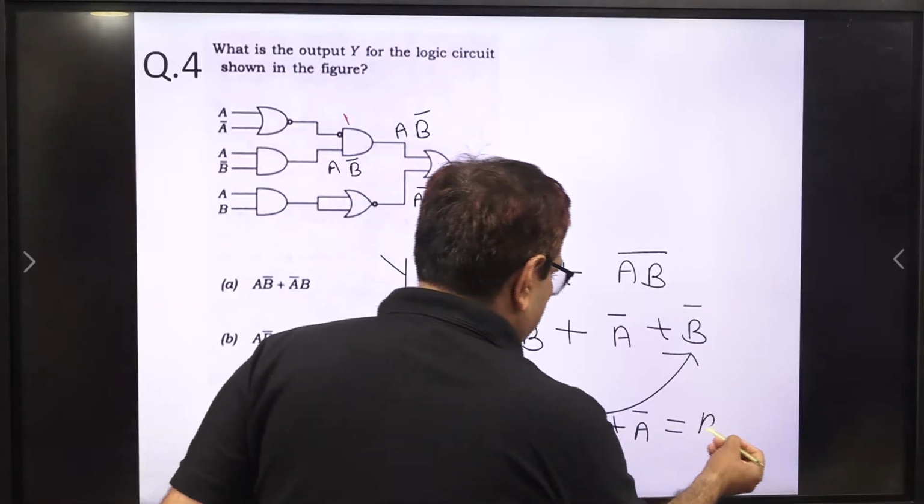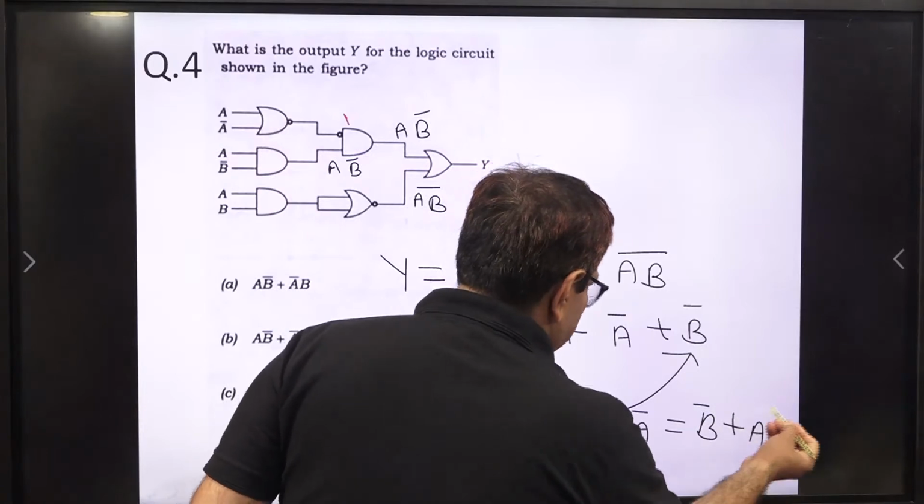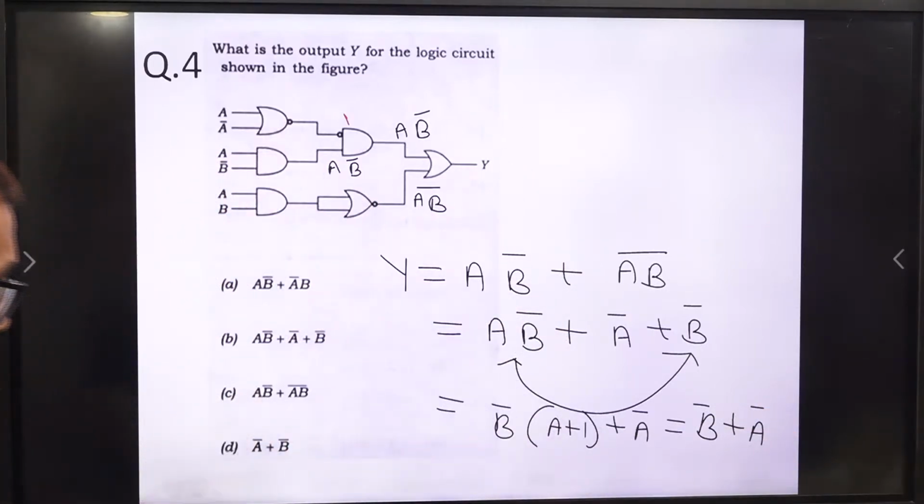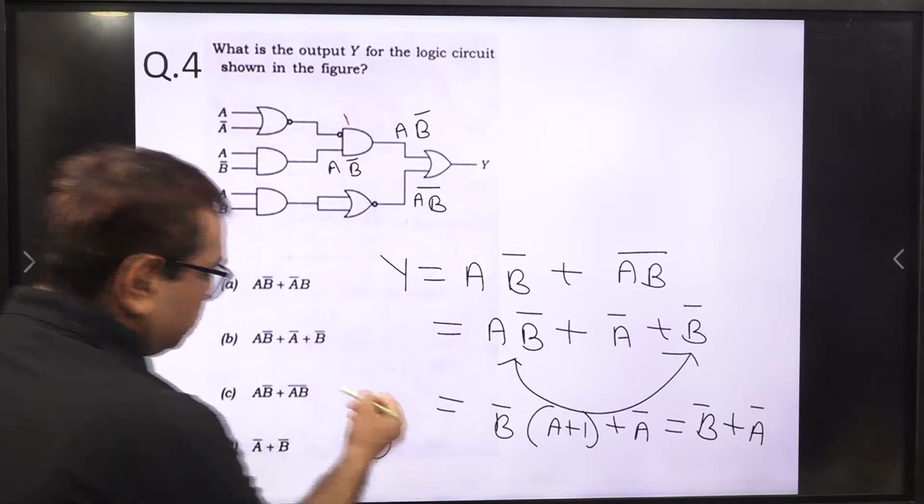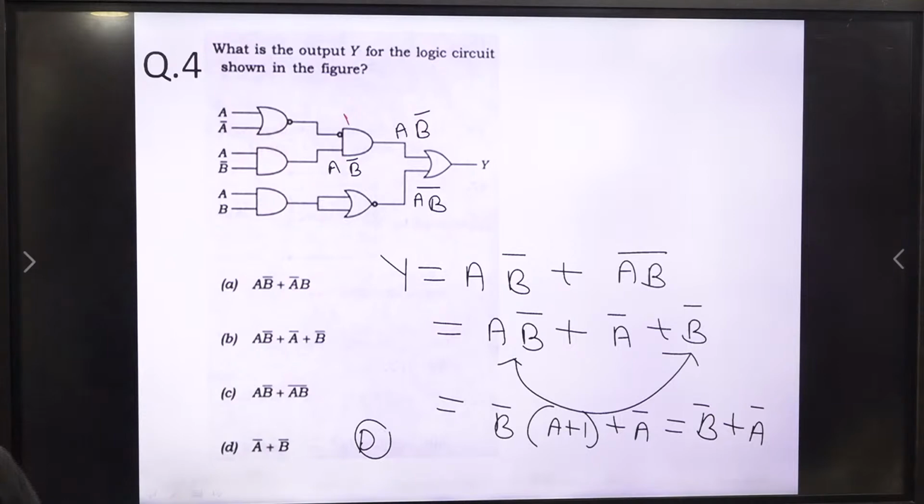So finally we are getting B bar plus A bar, which can be written as A bar plus B bar because OR operation is commutative. So D is the right answer here. Those who got the answer, that is correct. Nidhi and SSJ, and Asif has deleted his answer.